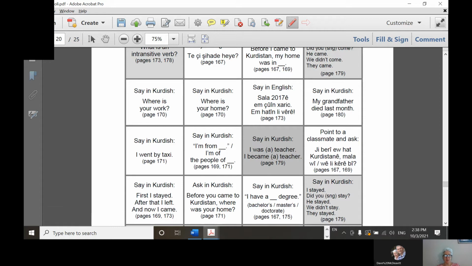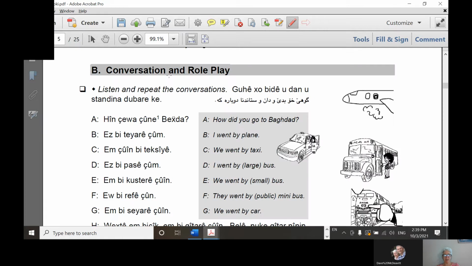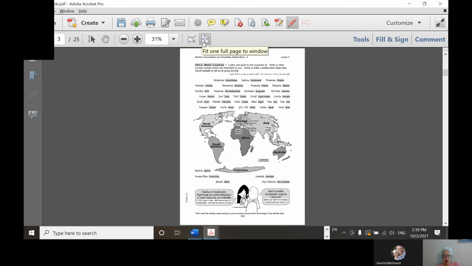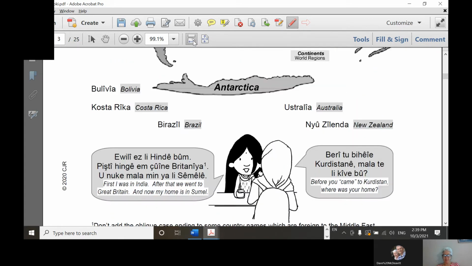Say in Kurdish, first I stayed, after that I left, and now I came. Okay, so page 169. What's the other one? 173.